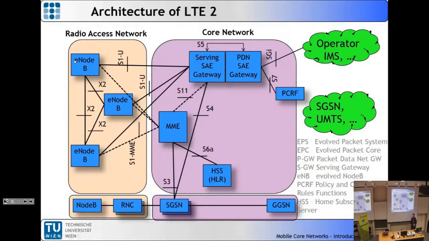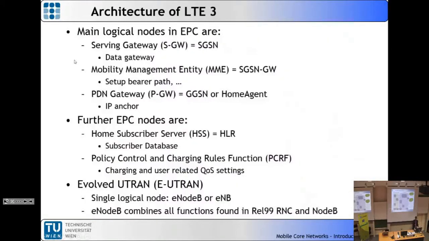Then we moved it with HSPA a bit, at least, to the node B. But now the eNode B actually has the full control. This is why nowadays you talk a lot about optimizing energy, reducing delay and all these elements, because that can happen now in this node. The eNode B has complete control over the user traffic, scheduling, optimizing energy, anything in that direction. So whatever you want to do, you can do directly there.